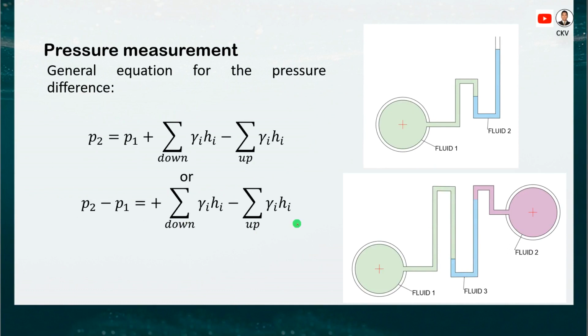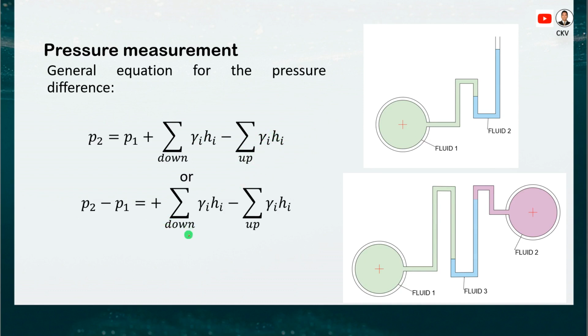So this is the general equation for the pressure difference. This general equation is applicable for the open manometer and the differential manometer. So P2 is equal to P1 plus the sum of the product of unit weight of fluid times h down, minus the sum of the product of unit weight of the fluid times its corresponding height up.